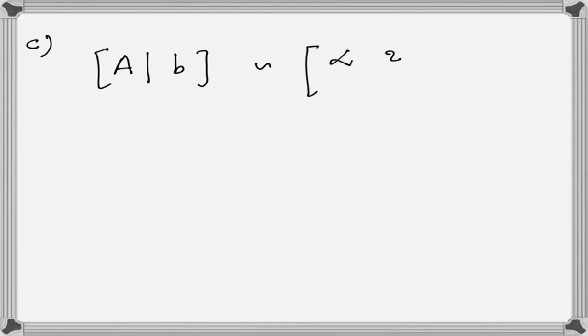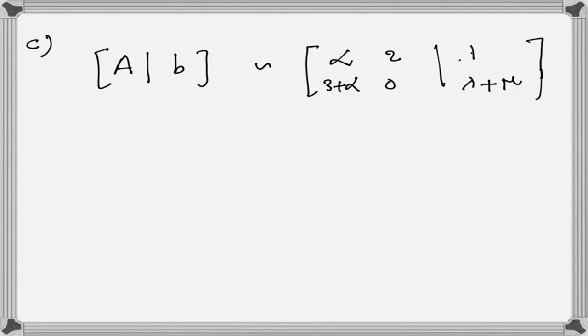So let's go back to the third part. The C part is that we need to derive a condition for which there is no solution. As we have seen, the augmented matrix AB reduces to alpha 2 lambda, 3 plus alpha 0 lambda plus mu.